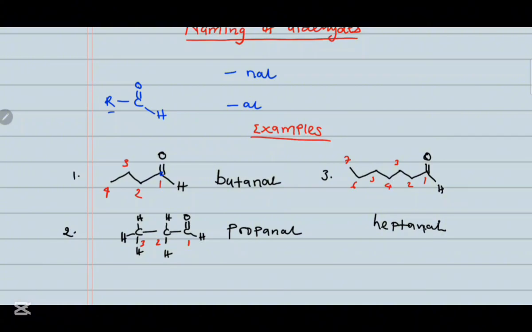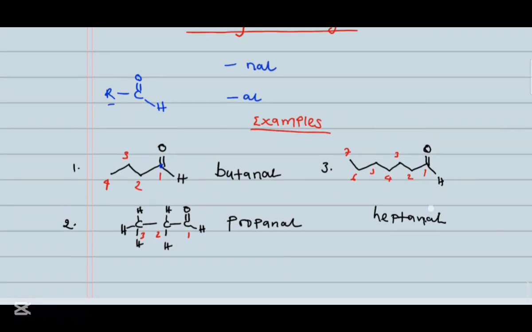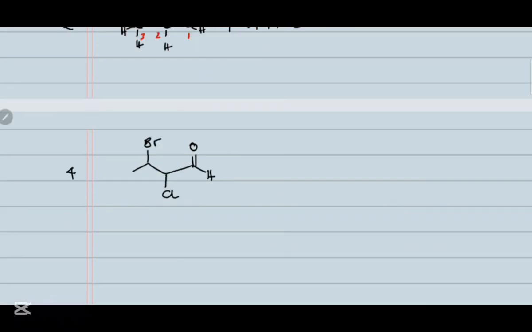Okay, let's go to another example. How can we name this compound? You start first by numbering it. We have carbon number 1 here from the functional group, carbon number 2, carbon 3, carbon 4.